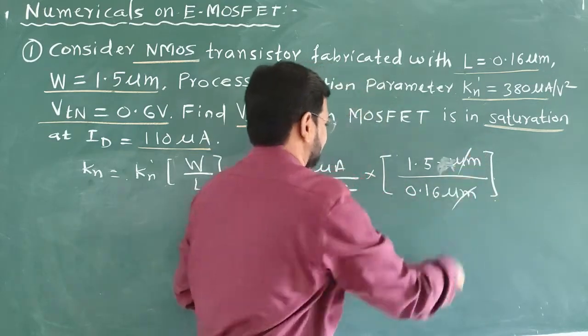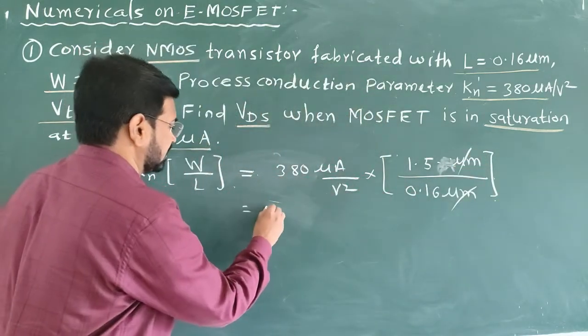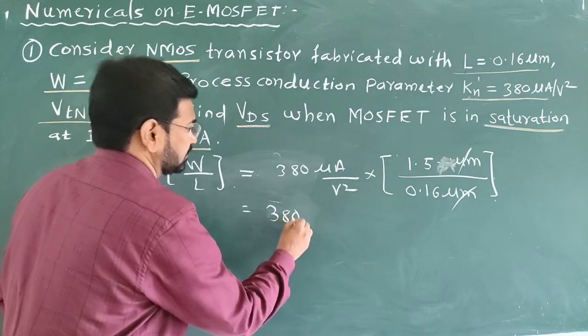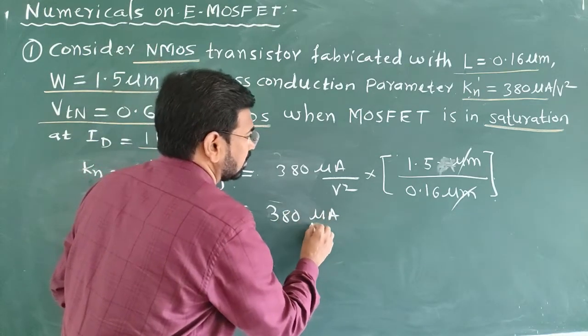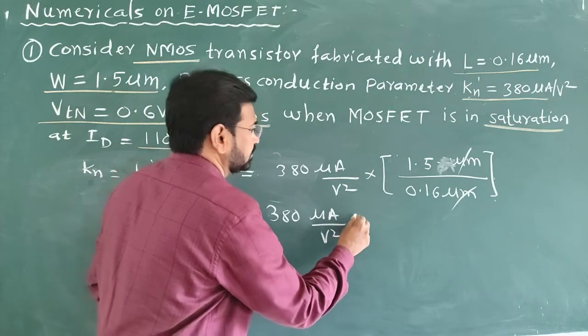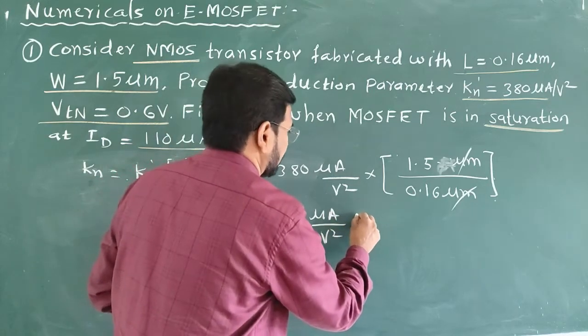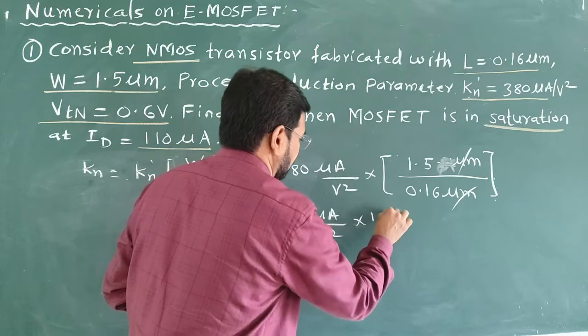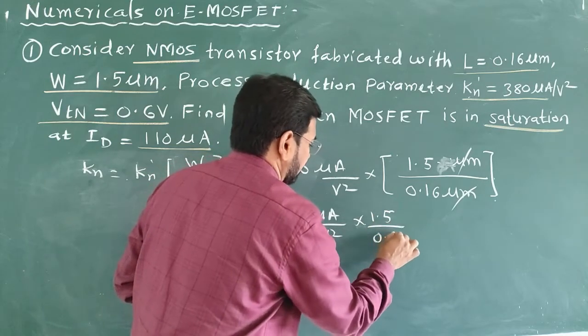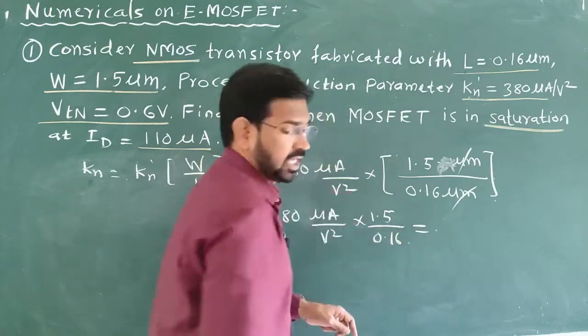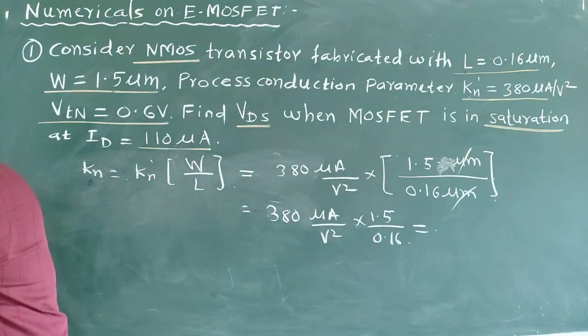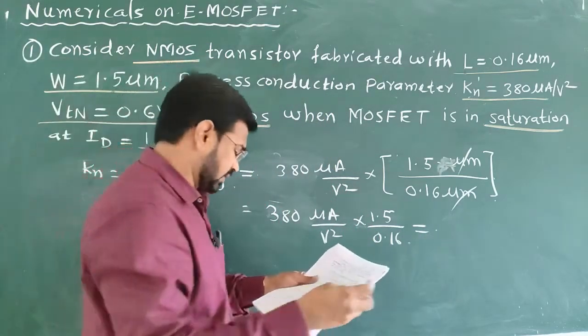So, the micrometers cancel, and remaining is 380 microampere per volt square times 1.5 divided by 0.16.